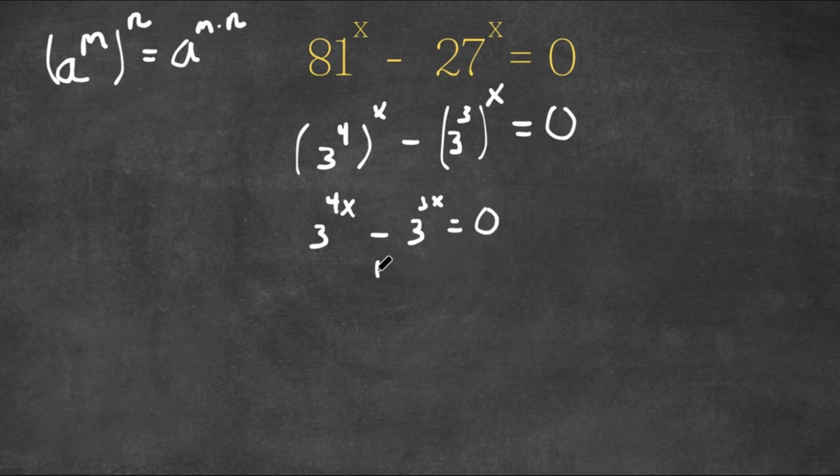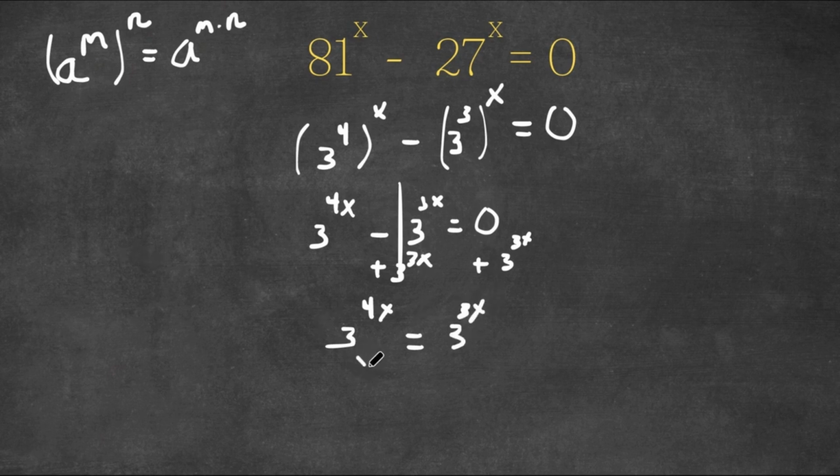Now I'm going to add 3 to the power of 3x on both sides. So now we get 3 to the power of 4x, these two cancel out, equals 3 to the power of 3x.